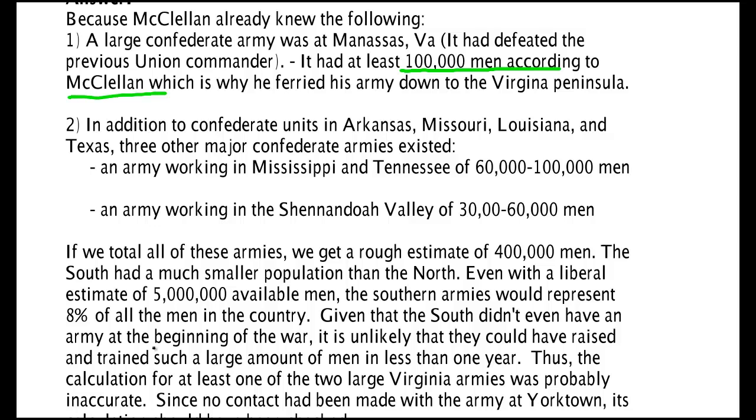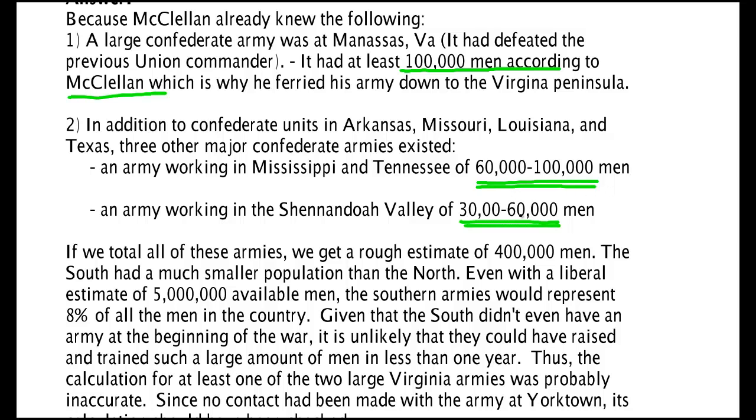But the Confederacy were also trying to protect Mississippi and Tennessee during the war, and they had about 60 to 100,000 men that fought in a battle called Shiloh. They had another 30 to 60,000 men over in the Shenandoah that had been engaged with another army. And not only that, but they had a fairly large army that had fought in a battle called Bull Run, which was on the order of another 60,000 people or so.